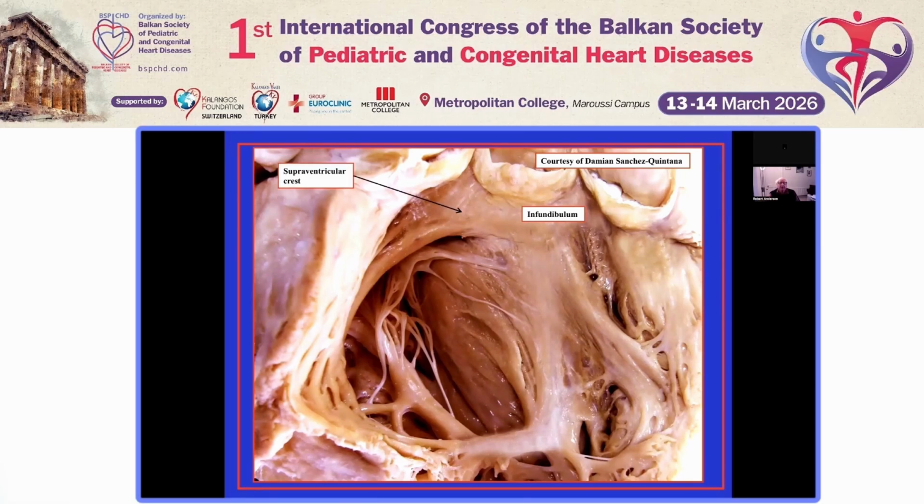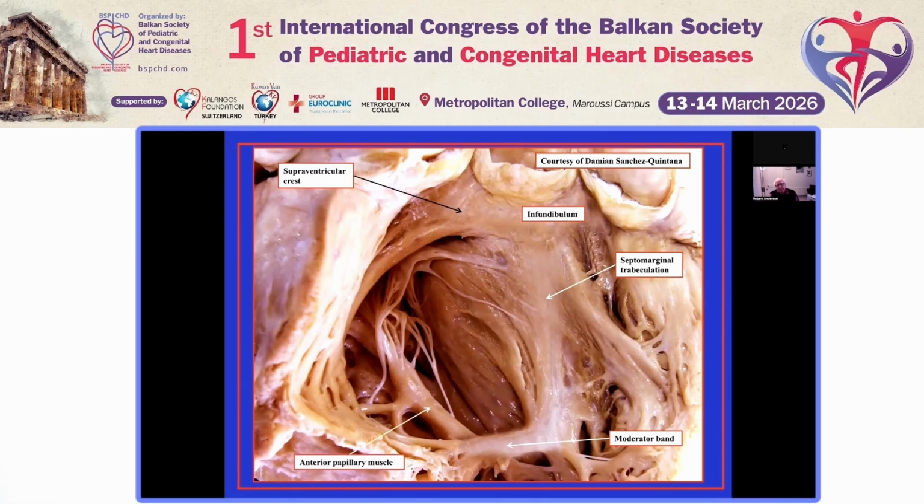And we can see it continues as the supraventricular crest, which interposes between the leaflets of the pulmonary and the tricuspid valves. There is the characteristic structure on the wall of the right ventricle, the septal surface of the right ventricle, that we call the septomarginal trabeculation. And it continues towards the apex, where it gives rise to the moderator band.